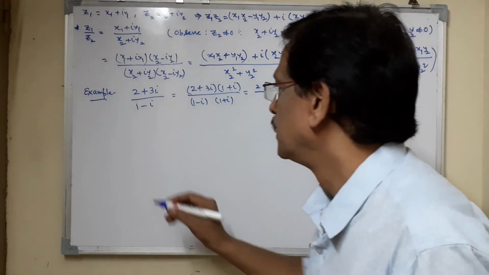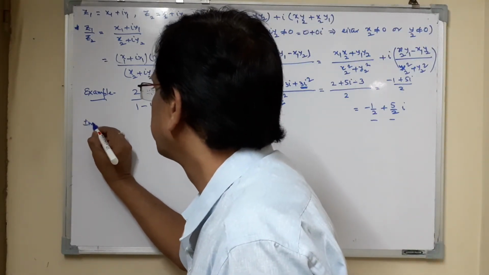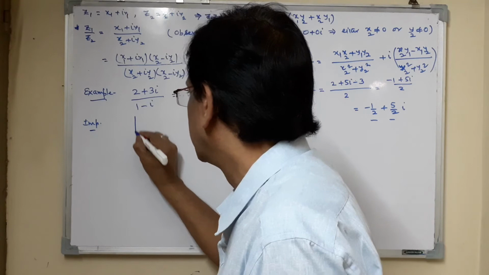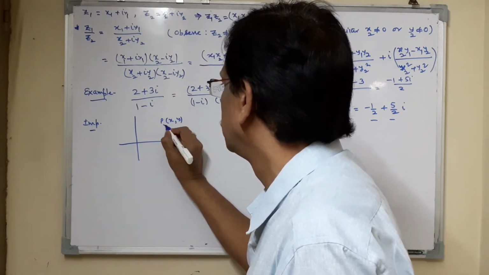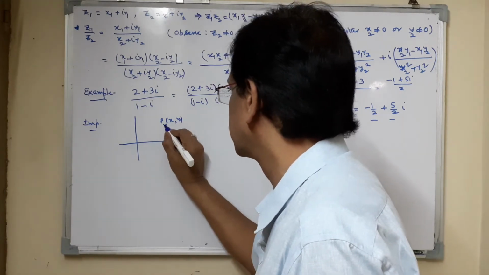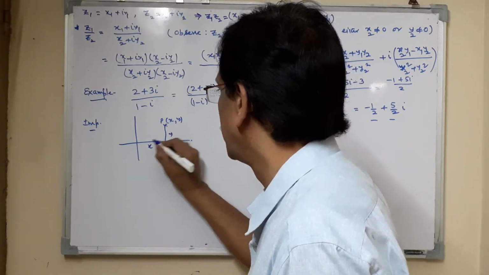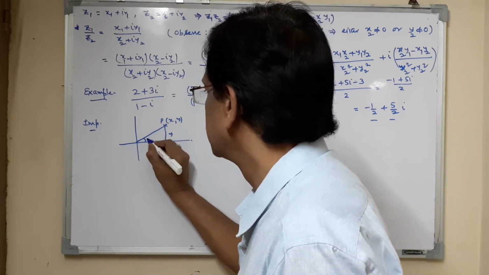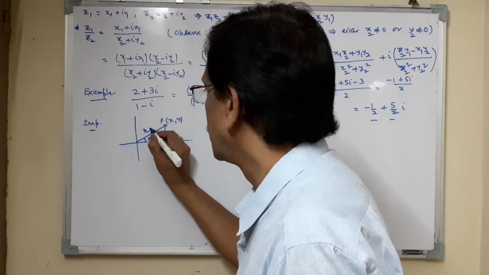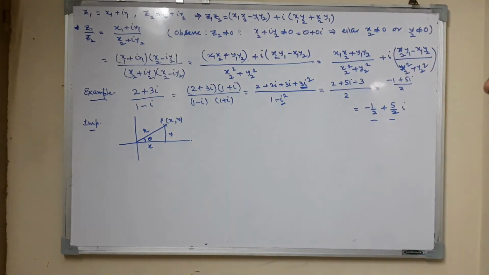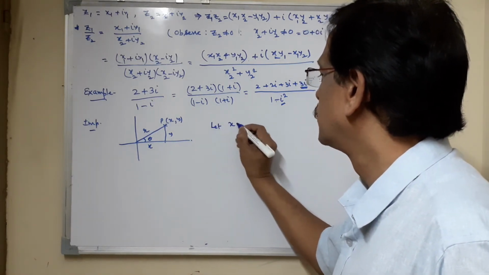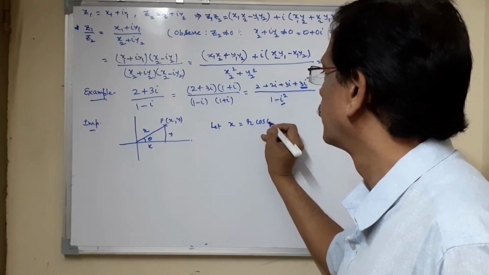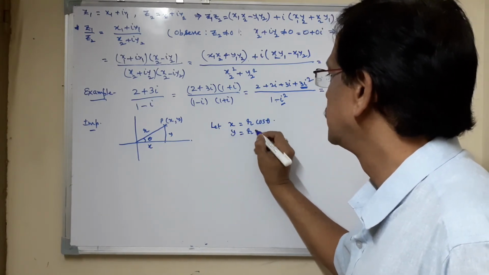Now, a very important aspect, look at this. Let P be any point in the plane, real axis, you can say. This is x, this is y. So this is r and this is theta. r is root of x square plus y square. When you are looking at it, let x equal to r cos theta and y equal to r sin theta.